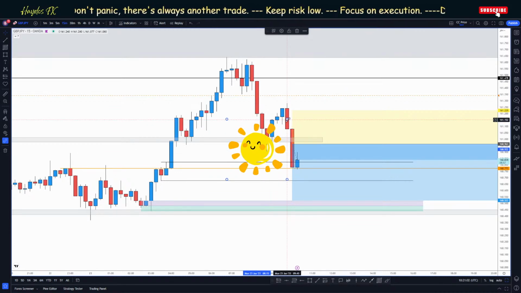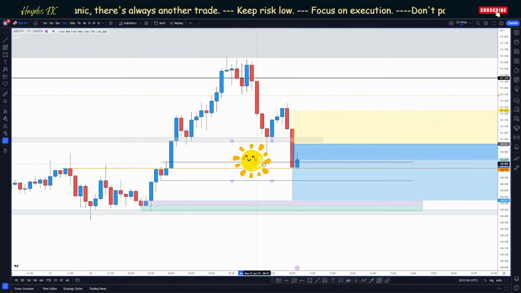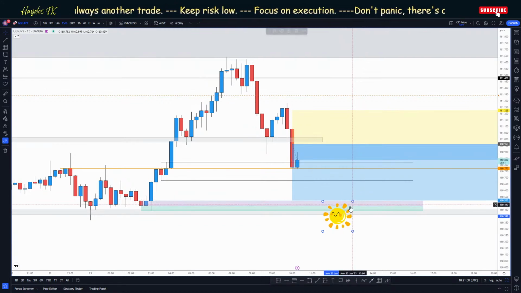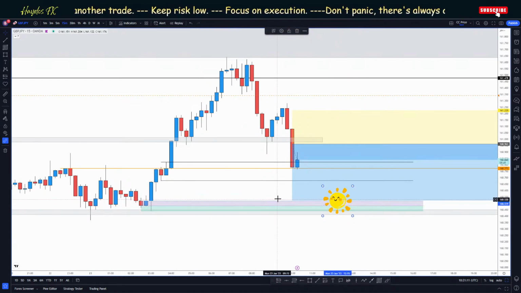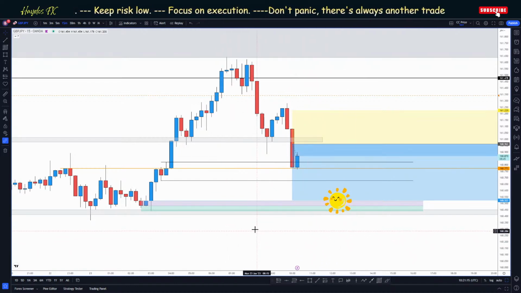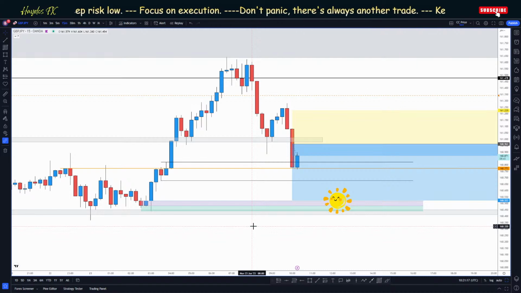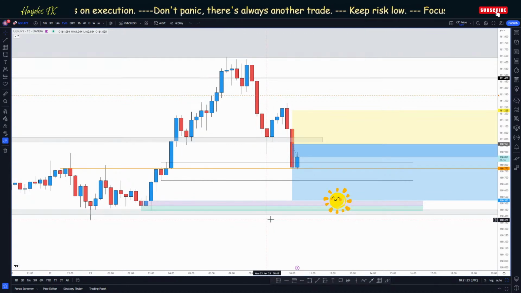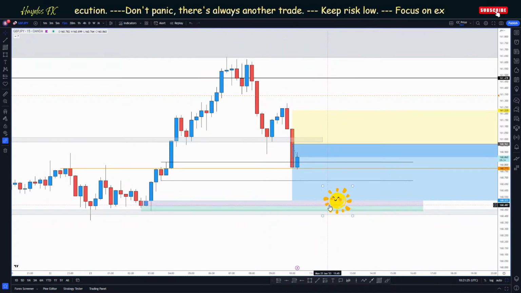I got the sun working. So the sun's down here today. You got a sun. You're like a little palm tree. Oh yeah, that's a good idea. That's where the beach is.